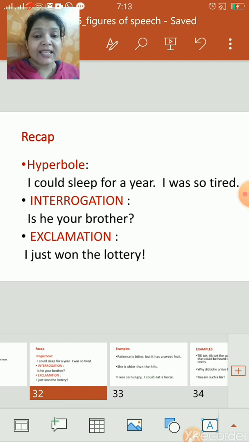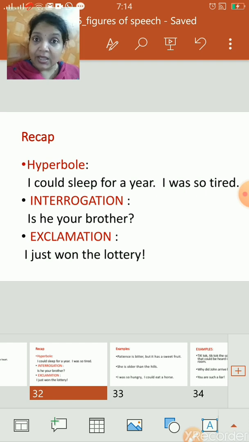Now the next one is exclamation. It's very easy to understand because we have already understood that whenever there is a sentence with a lot of personal response, I mean excitement, or we are saying something with a lot of expression, that is an exclamation. So the next one is, I just won the lottery!